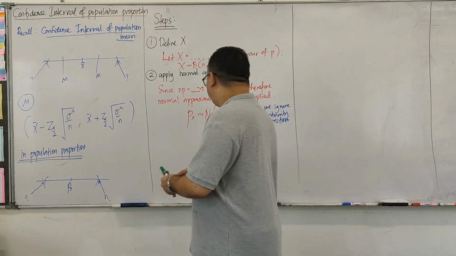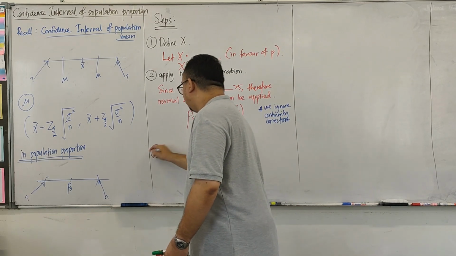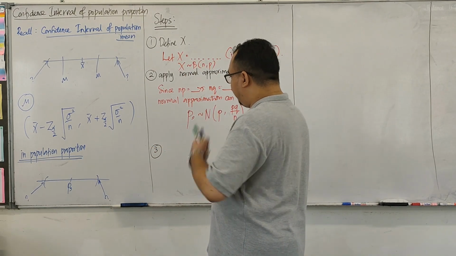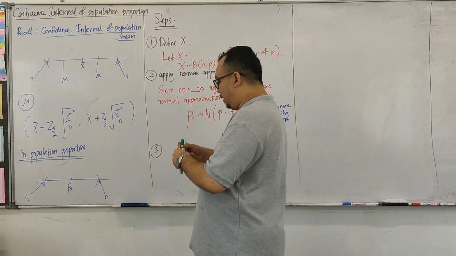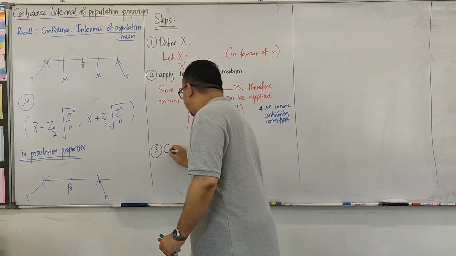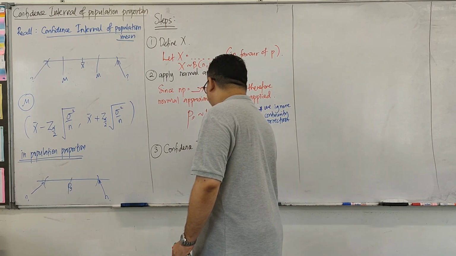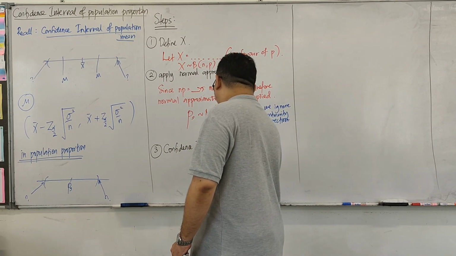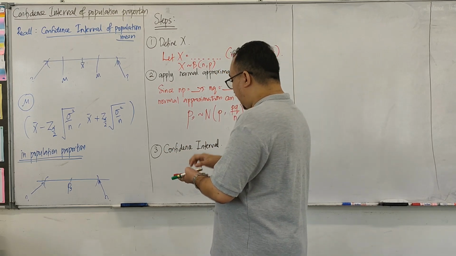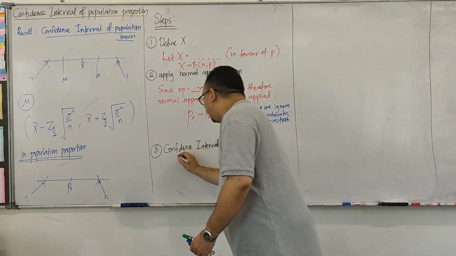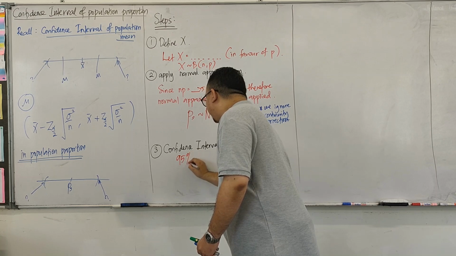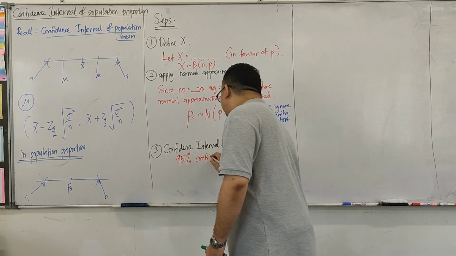Okay, your step number 3. Step number 3, okay, so apa yang perlu kita tulis? Step number 3 adalah confidence interval. Okay, so apa yang awak nak cari? For example, you are looking for 95% confidence interval.